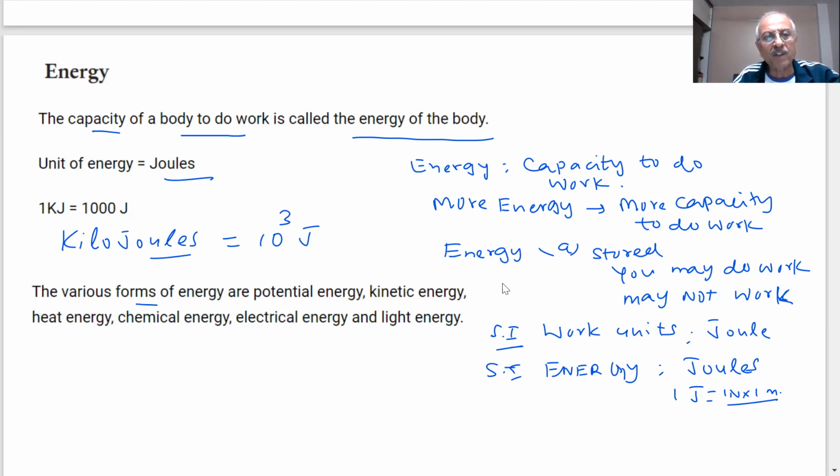What are the various forms of energy, student? Can you name some of the different forms of energy you experience in your everyday life? Electrical energy, hydro energy. You are aware of potential energy? What is the potential energy?